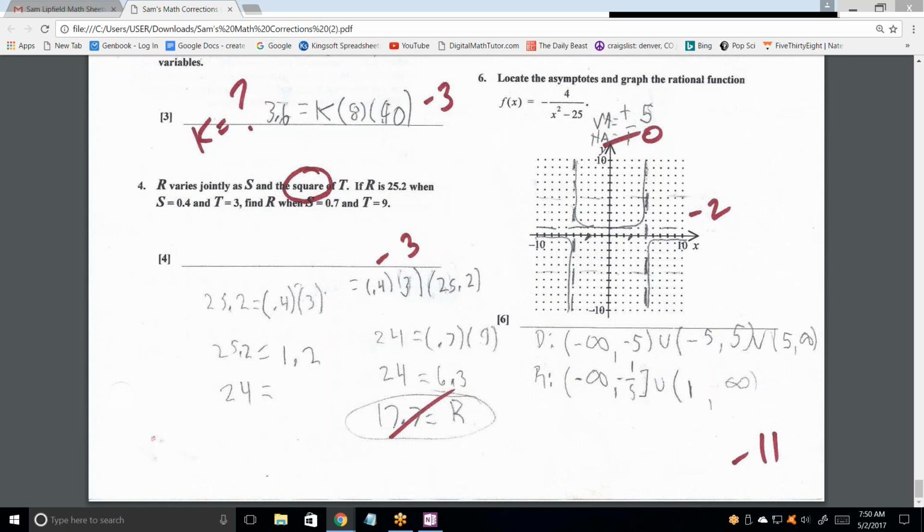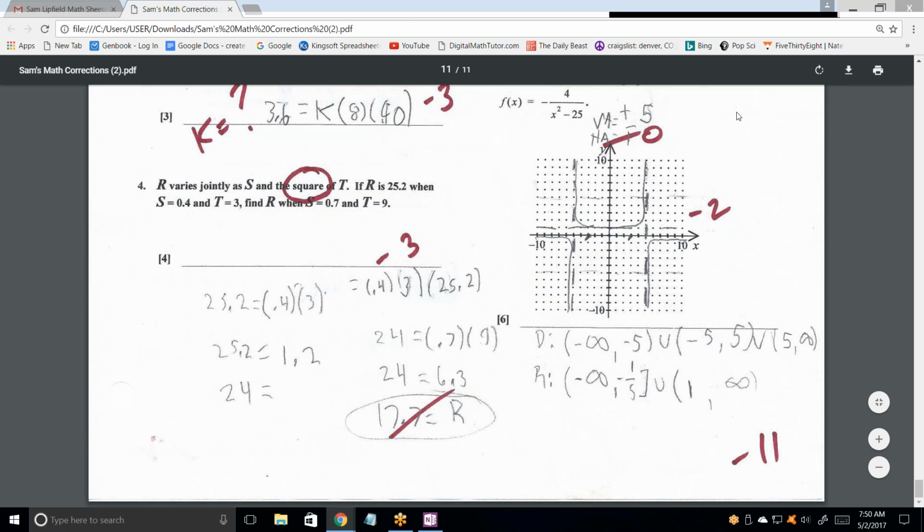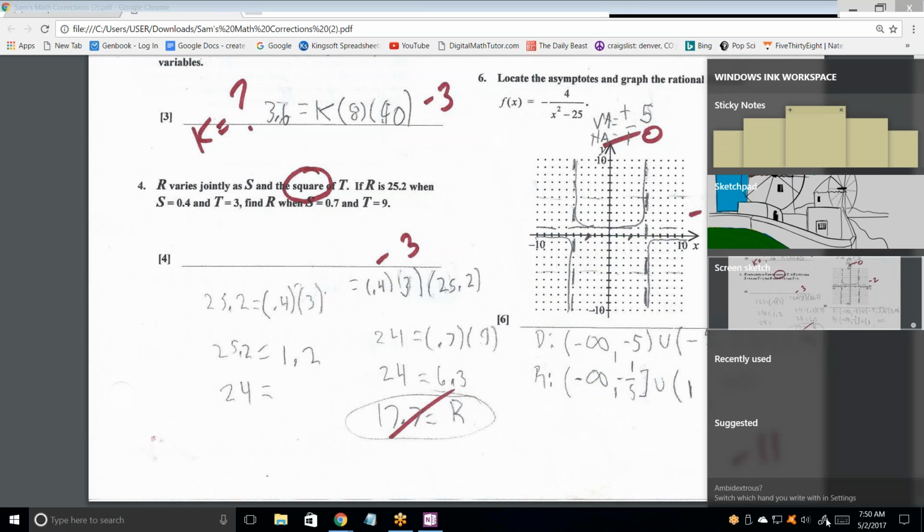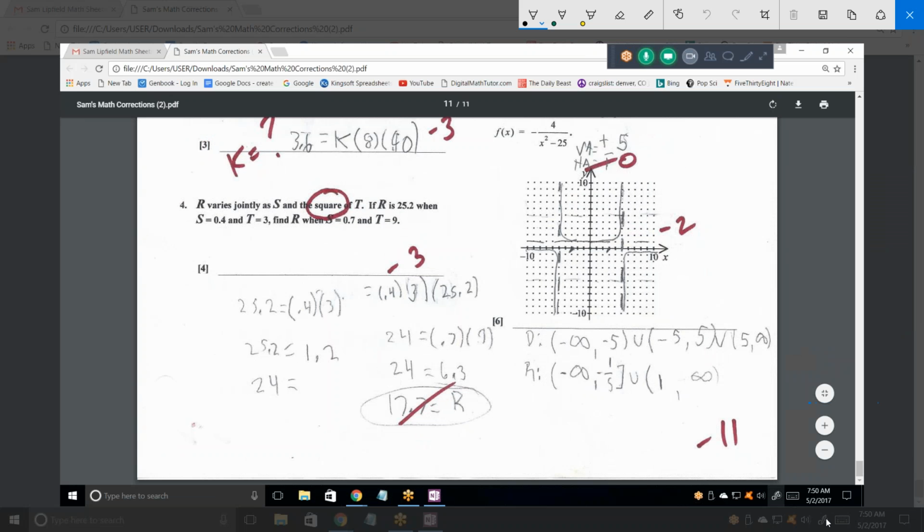Well, let's not skip over this too much. Let's talk about your horizontal asymptotes. There's only 3 situations where you have horizontal asymptotes. Here's one of them. You need to know this. It's a key thing in math.